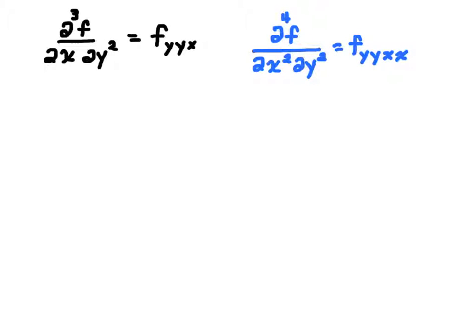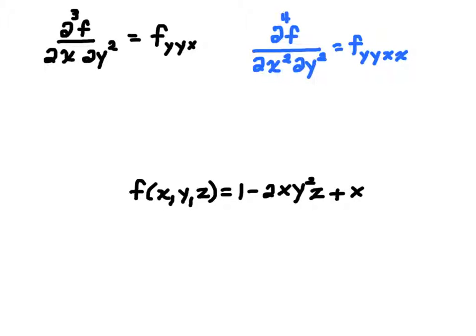So now let's try a problem. Let's say we have a function f of x, y, z, and it's equal to 1 minus 2x y squared z plus x squared y. Let's move that up.